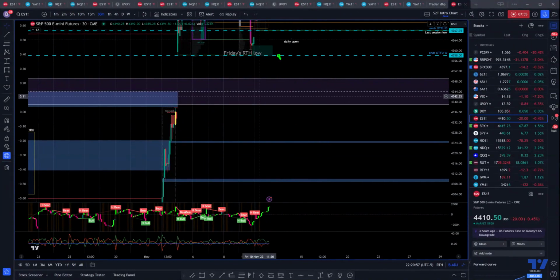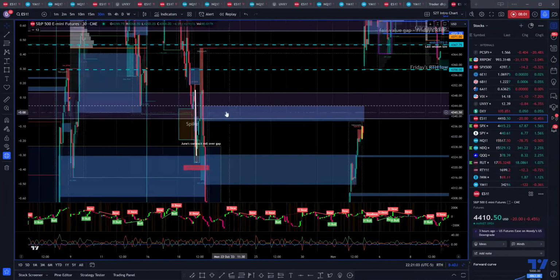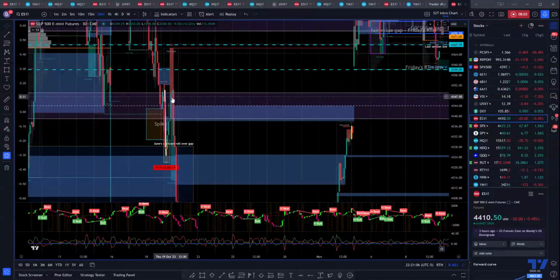So with the intention that the lower end of this zone, it would take me into that gap area. When you trace this back to here, it's not a single print, it's a fair value gap, but we had a spike here on the downside that I was tracking in this area. So we'll leave that the way it is.